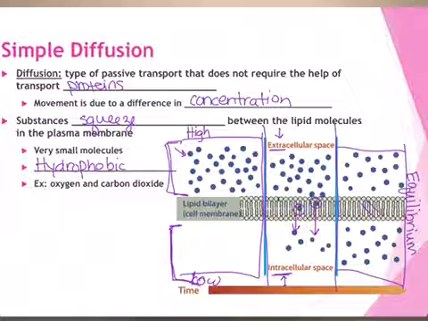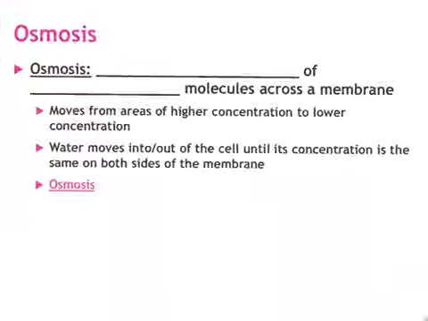So that's simple diffusion, where the particles just squeeze between those lipid molecules, and they have to be small and hydrophobic in order for that to happen. Then a second type of passive transport is called osmosis, and this is the movement of water molecules.